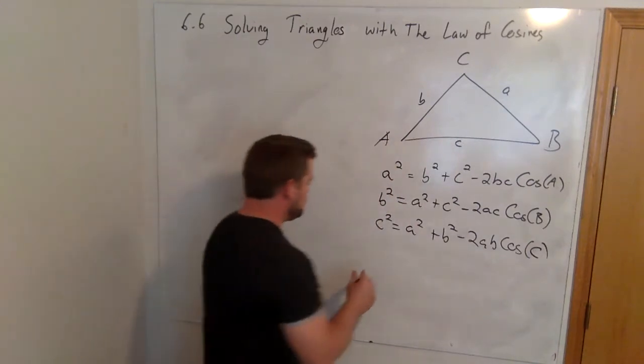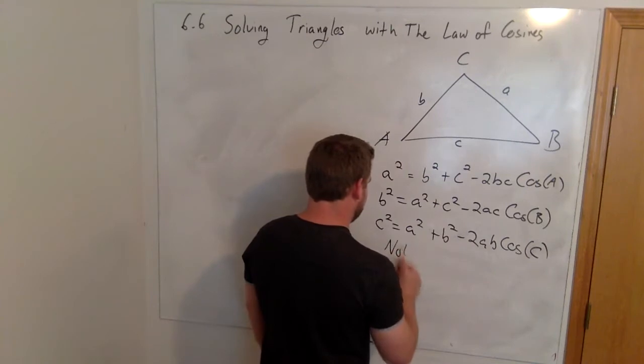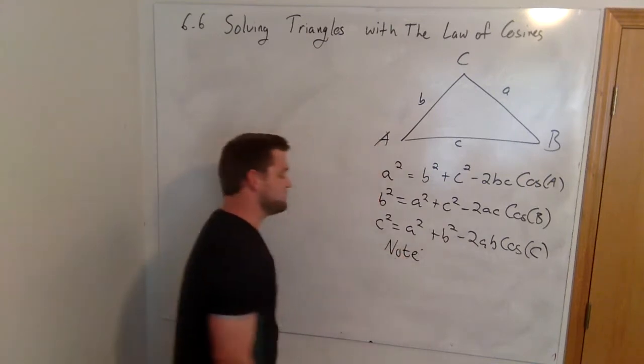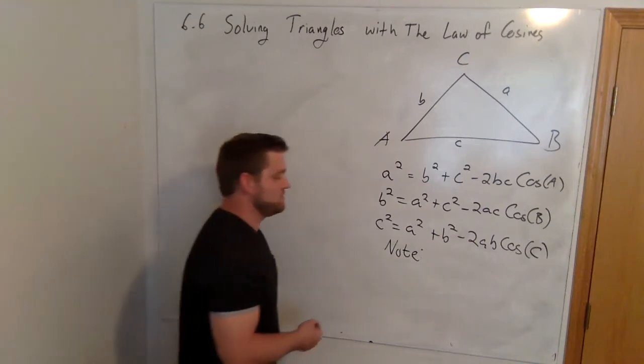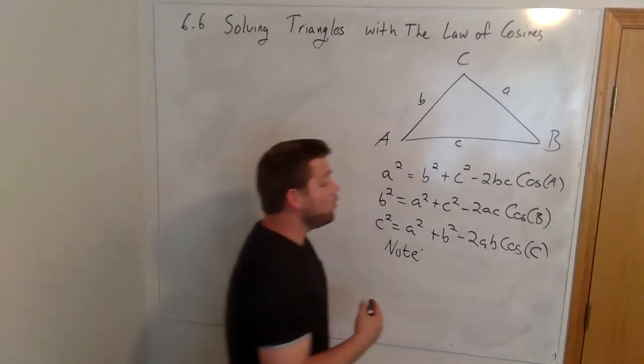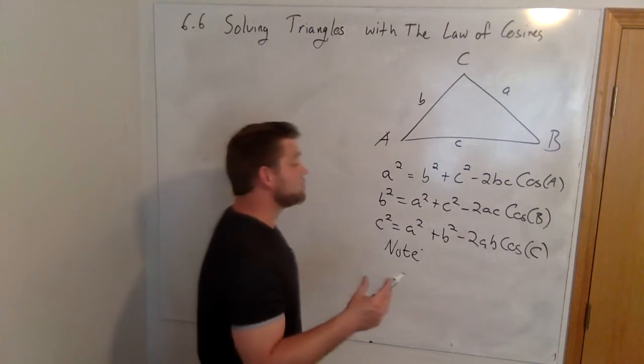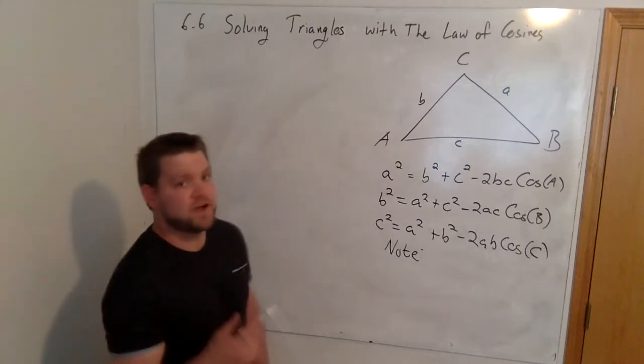Now, a note, we want to be careful. When using the law of cosines to solve triangles, or just in general when solving triangles, whenever possible, you always want to use the law of cosines rather than the law of sines to find an angle.